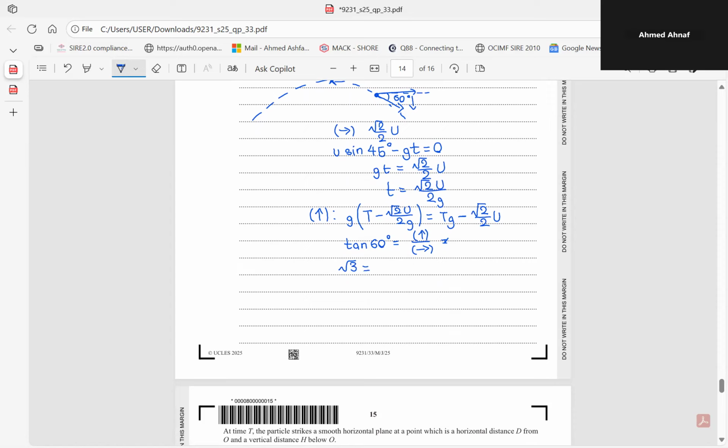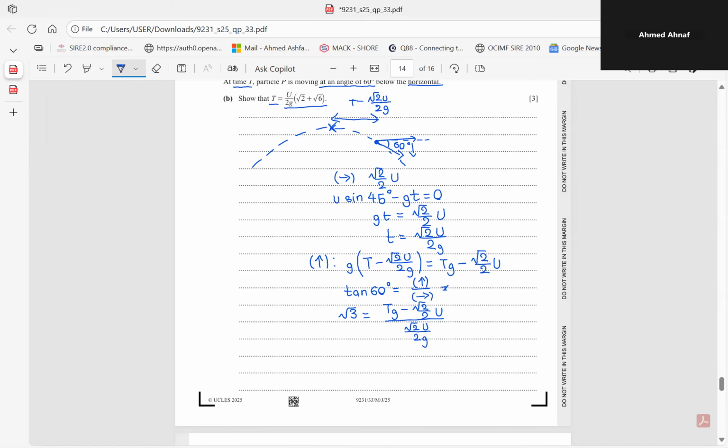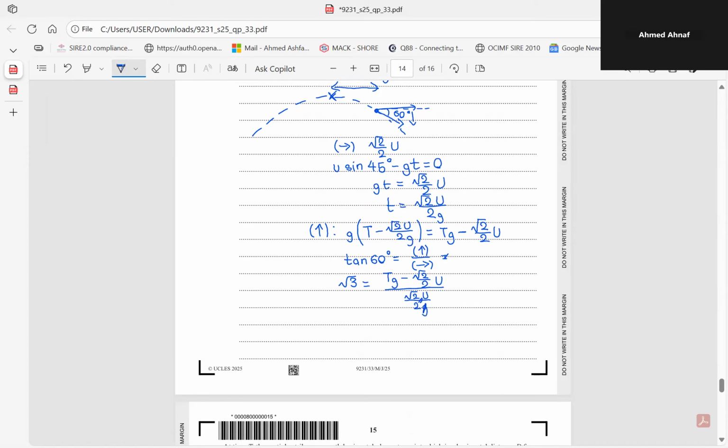This equals the vertical component, tg minus square root 2 over 2u, over square root 2u over 2g. Wait, did I do it correctly? Oh wait, no, so sorry.